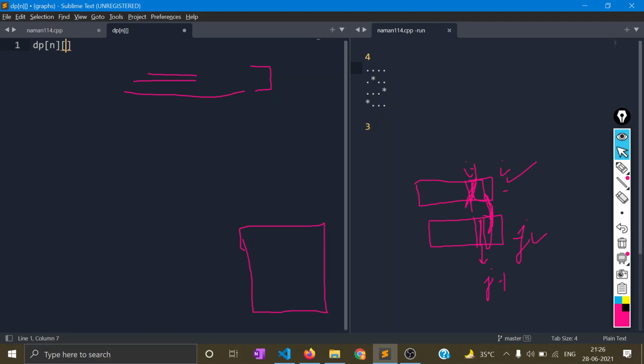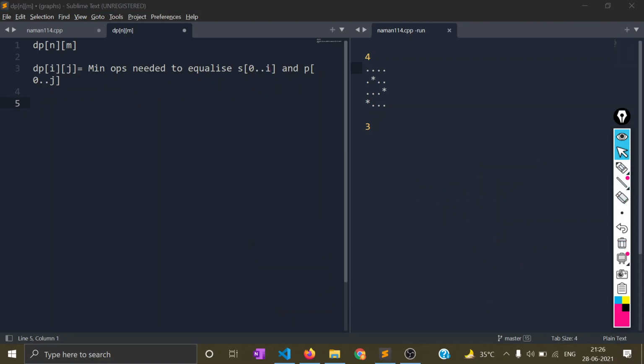We have a table of n cross m, and what would dp[i][j] represent? dp[i][j] would represent the minimum operations required to equalize s[0..i] and p[0..j], from 0 to i and 0 to j.